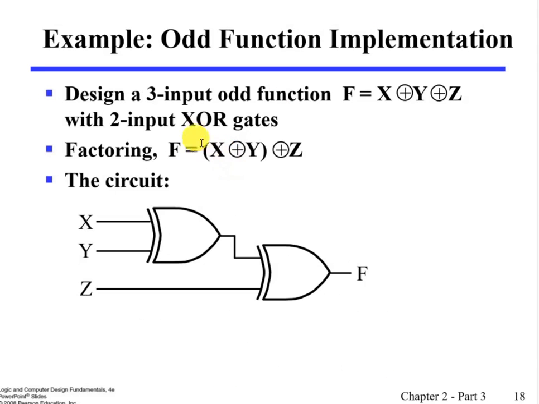For example, we want to design a 3-input odd function with 2 XOR gates. So first we factor out X XOR Y and then XOR Z, and then the circuit will have the following structure: X, Y, exclusive OR, and then the output of this will go to the next gate.